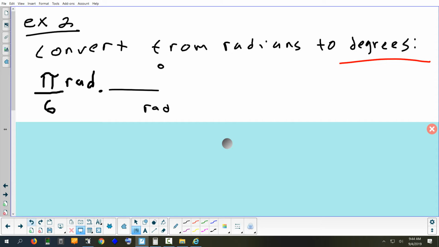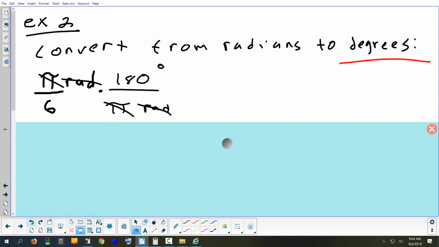Right, and how about Madison, what number do we always put with radians? Pi. And how about with degrees? 180. Yep, 180. Okay. What cancels out there? The pi's cancel out. What else? The unit itself cancels out.